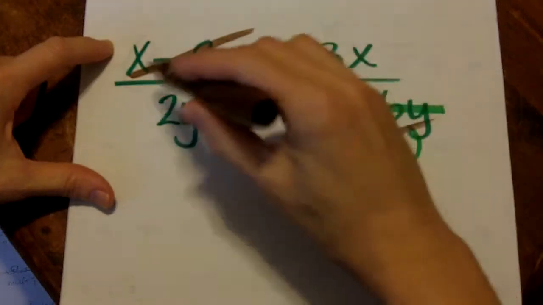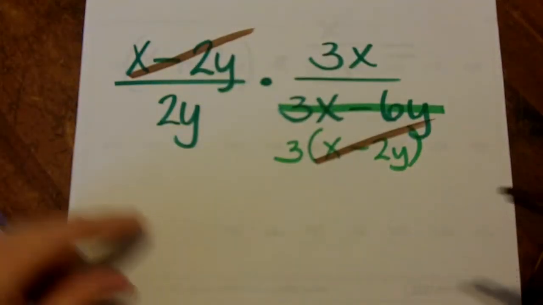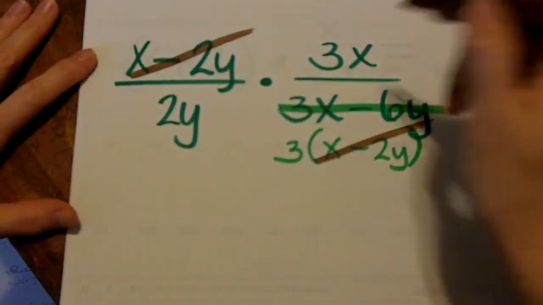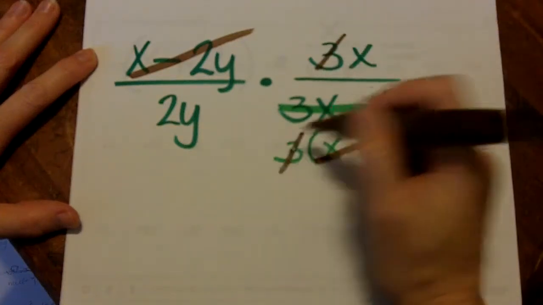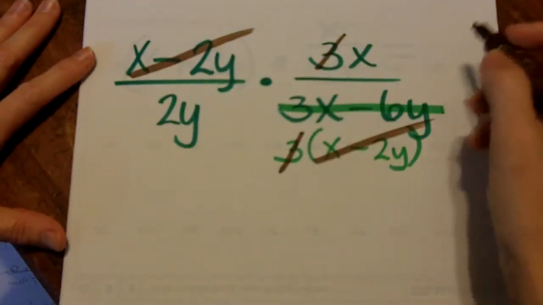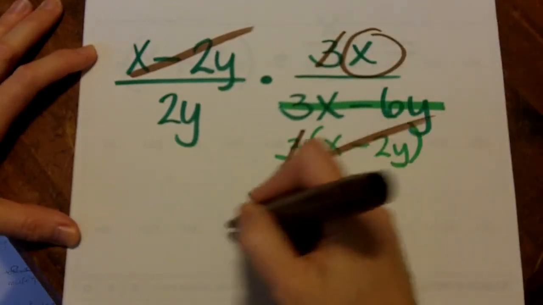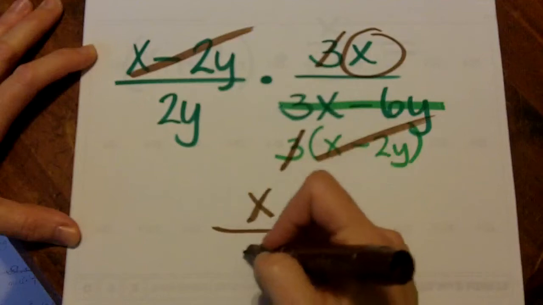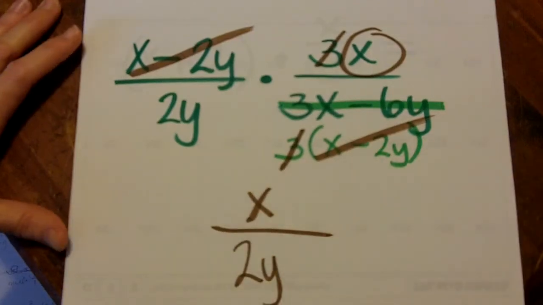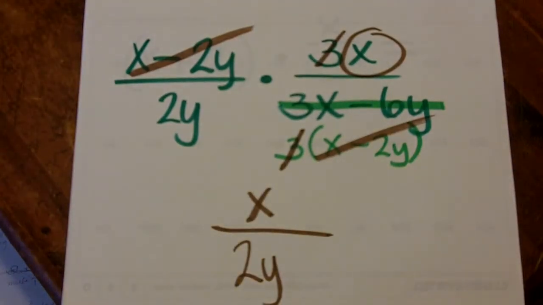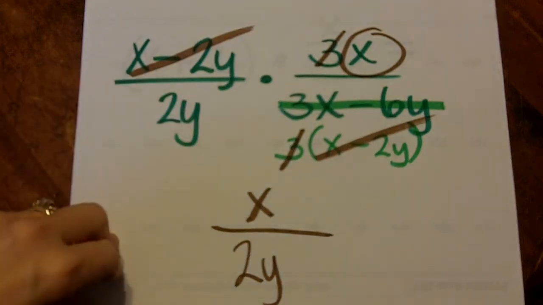So I can ditch those because they're acting as factors. Okay, now I also have a 3 here and a 3 here, so I can get rid of that. So my final answer is simply the only thing I have left in the numerator, which is an x, over the only thing I have in the denominator, which is 2y, which is a lot more pleasant than my original problem.